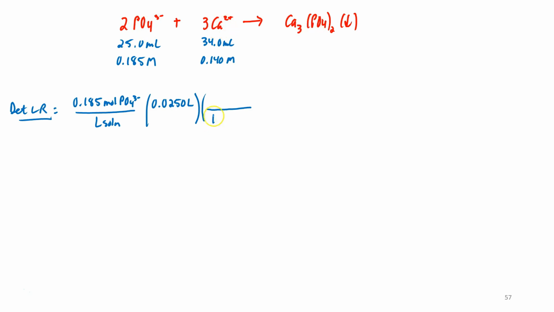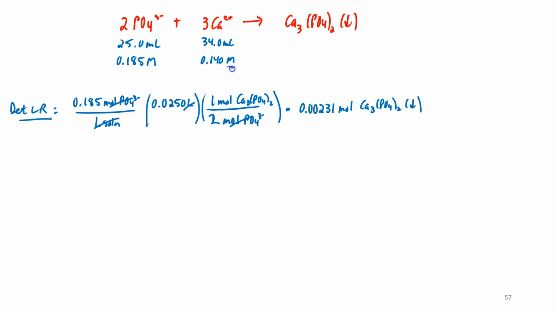So for every 2 moles of phosphate, here's where that 2 comes from, I'm going to make 1 mole of precipitate. And I got 0.00231 moles of the precipitate if phosphate is the limiting reactant. I don't know yet because I still have to test calcium.